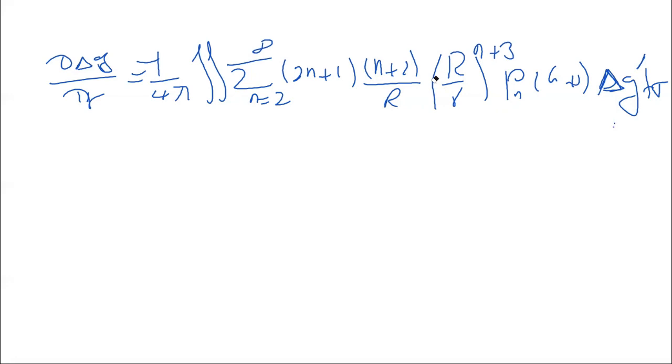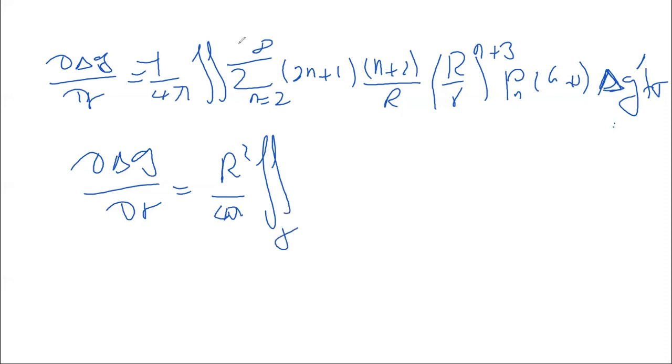This derivative can be computed like this: the derivative of this is actually R squared over 2 pi, integral of delta g minus delta g P, where P is the computation point, over l cubed, d sigma. Let me check it.